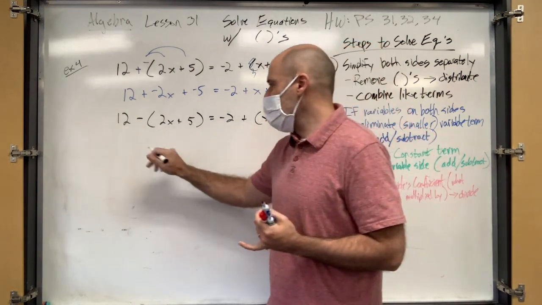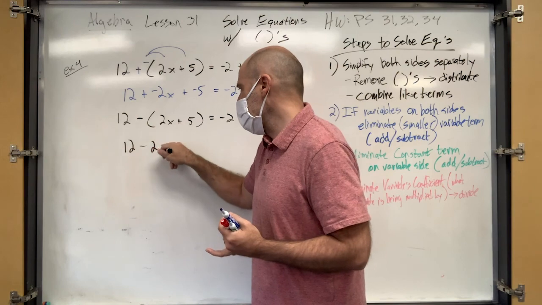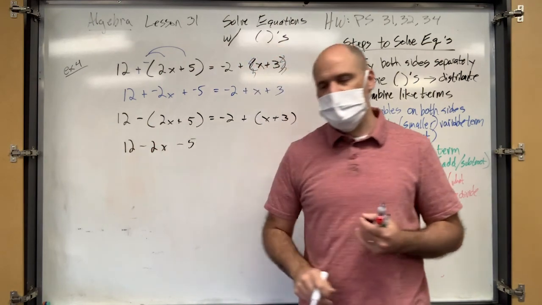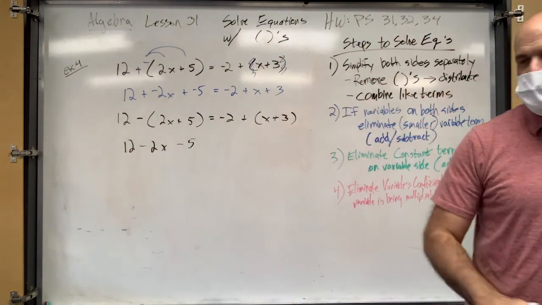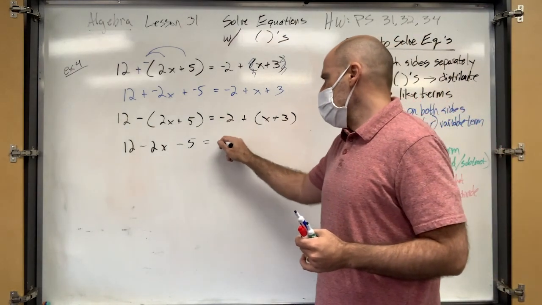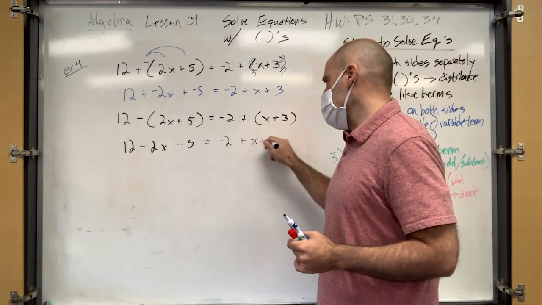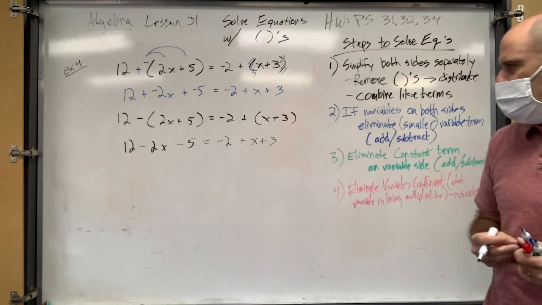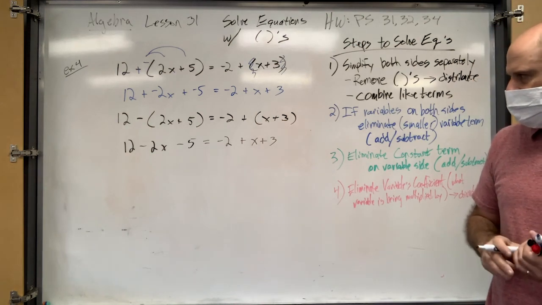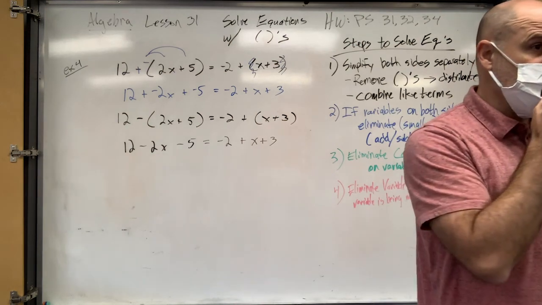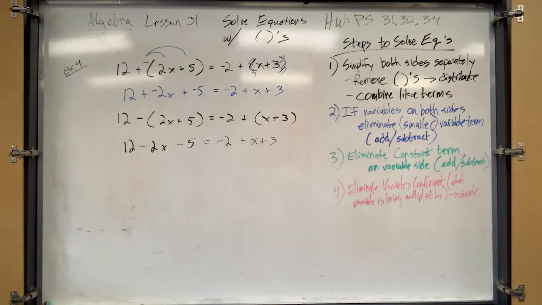So you're subtracting both of those. So 12 minus 2x minus 5. That's fine if you want to write it like that. Okay? Equals -2 plus x plus 3, because there's nothing to distribute there.